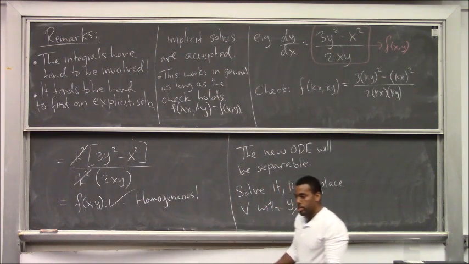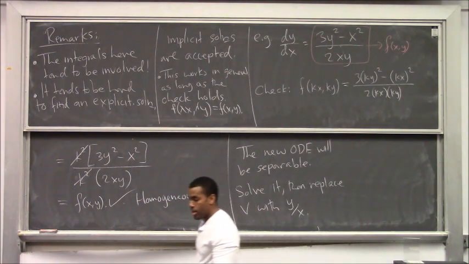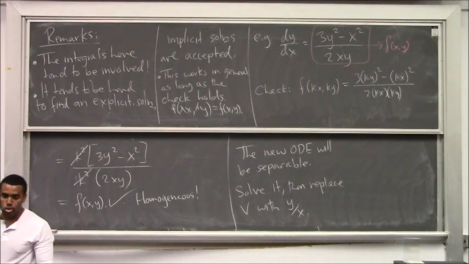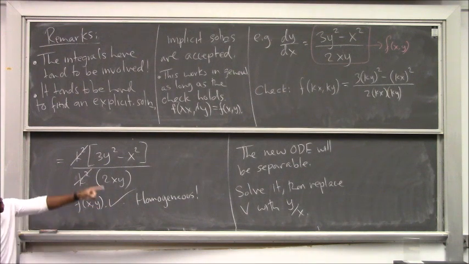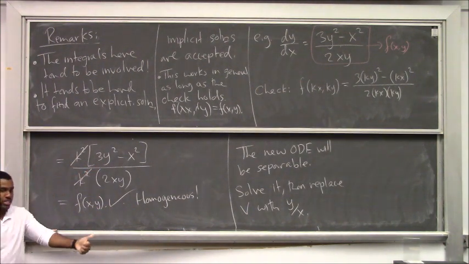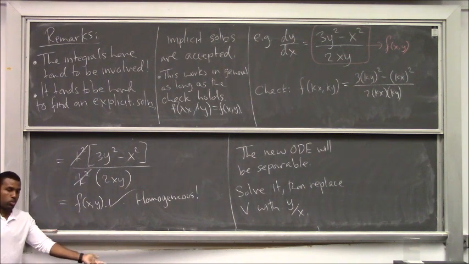That guarantees you'd be able to express this function as a function of y over x. Now you don't have to actually go through the algebra to get this done. Once you notice that this is going to work, you go back to the original, replace all x's with 1, replace all y's with v, and replace your dy dx with dv over dx times x plus v.